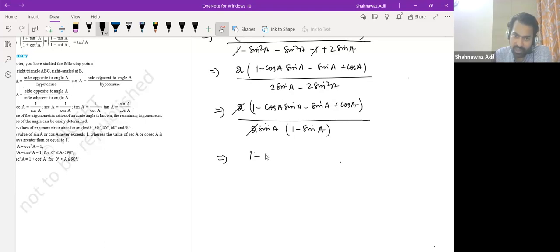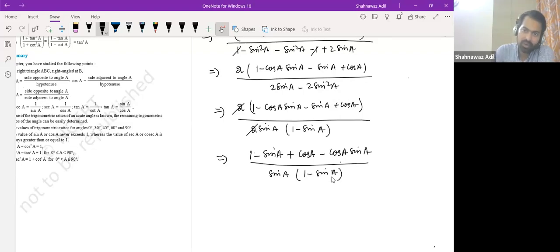So let us arrange this this way. If I write it in this way, can you guys find out the next move? If I write it like this.